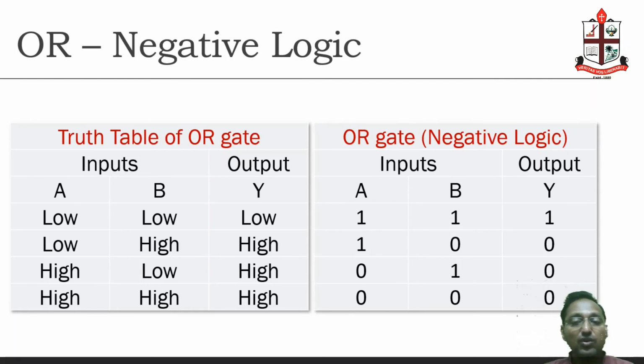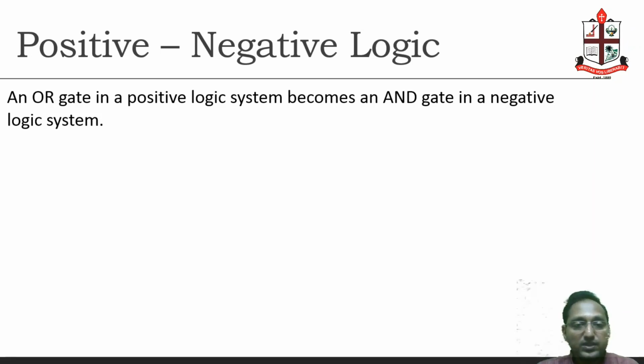The first row gives the output as 1, which stands for low, because inputs are low and low, 1 and 1. So the output is 1. All other cases we know the output is high, so 0 represents high.